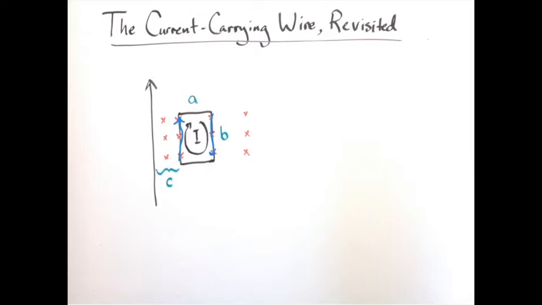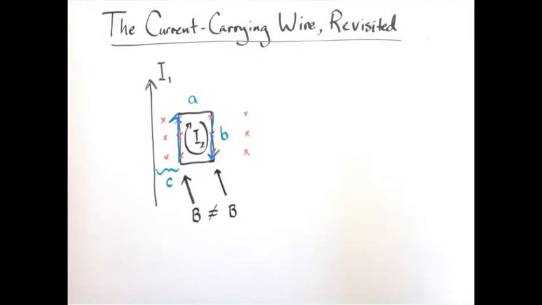While those two forces, whatever they are, are in opposite directions, they are not equal. And this is a very important fact. But why wouldn't the two forces be equal? Well, the reason is that the magnetic field on the left side of the loop is of a different magnitude than the magnetic field on the right side of the loop.